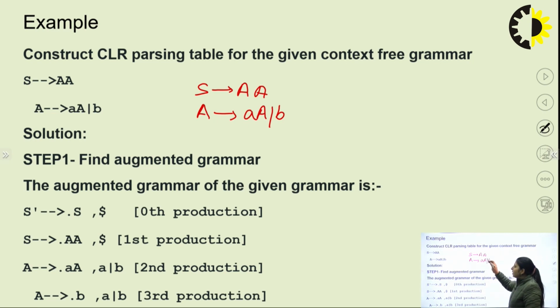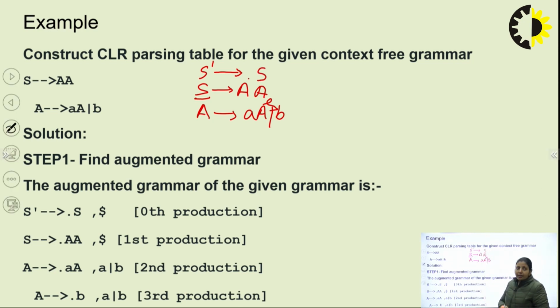I have just told you how we find the augmented grammar by placing the dot in front of the start symbol. If this is the start symbol S, then we have to check the production rules and add a production, that is S dash gives S.